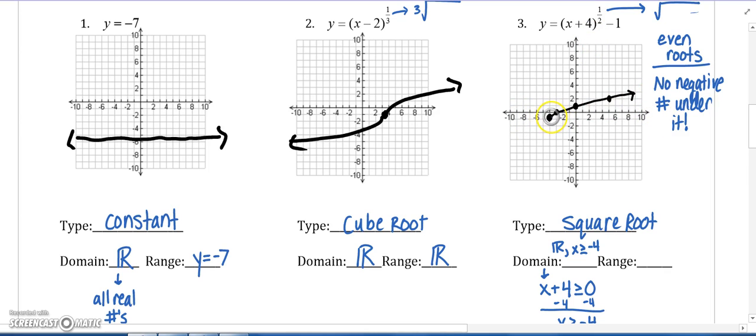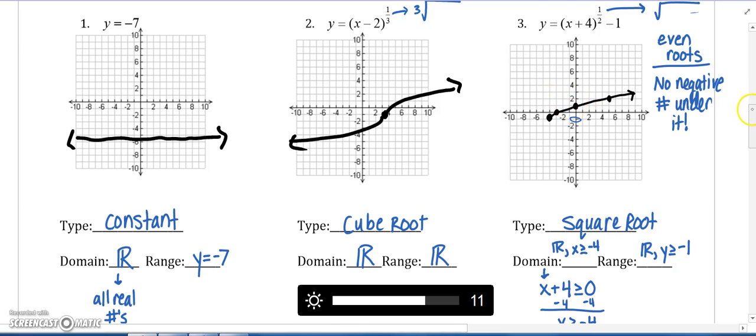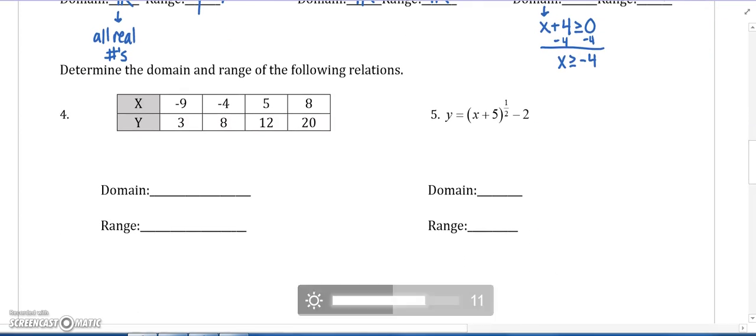You can see that the smallest y value is this -1 right here, and then it starts going up. So for my range, I would say it's all reals where y has to be greater than or equal to -1. So you can use the equation for domain or the graph, but for range it's a lot easier to use the graph.